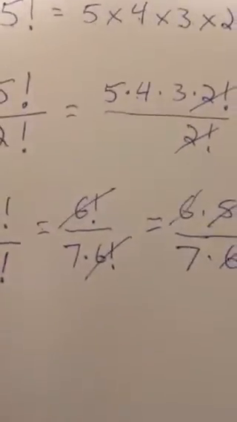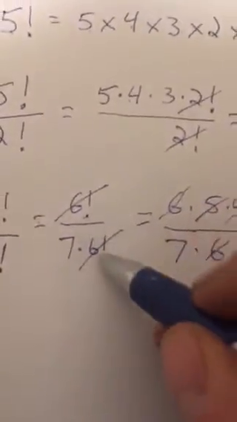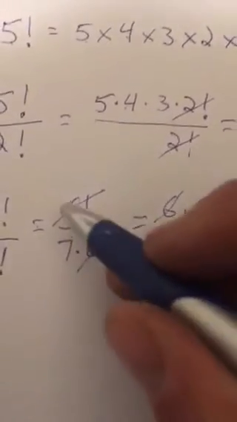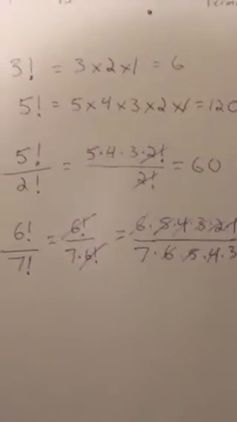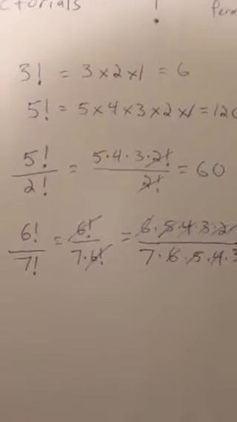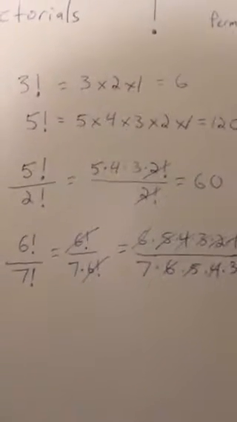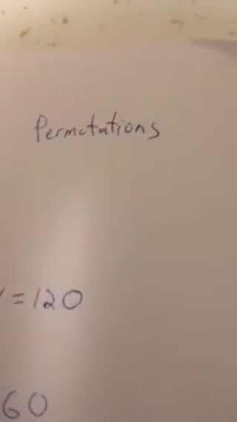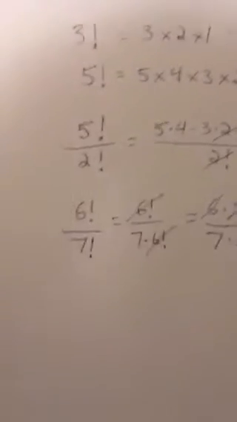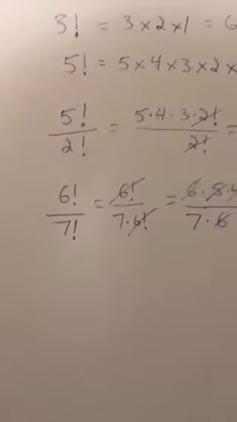In this other term, the 6's would cancel out, and you'd still be left with 1 over 7, the same thing. Okay, so we're just preparing you with another skill set that you can use for probability and statistics type problems, mainly in permutations. So let's do a couple other quick examples.